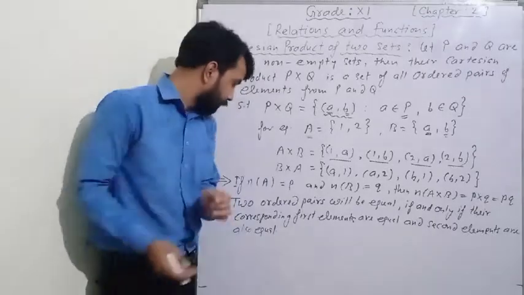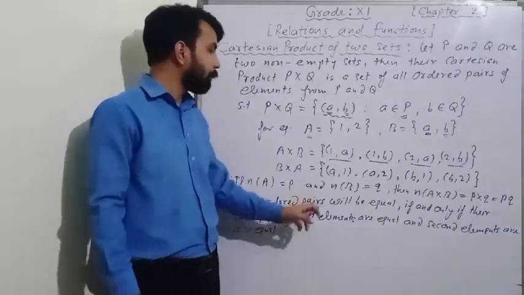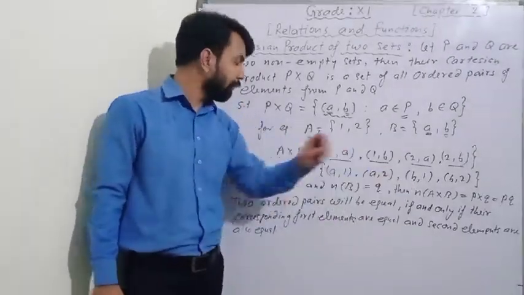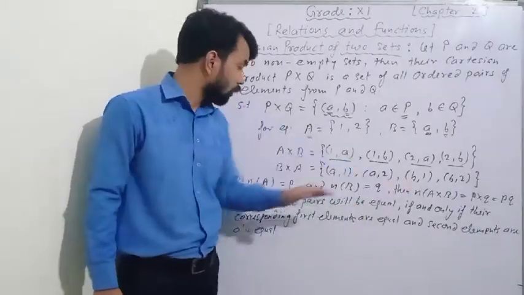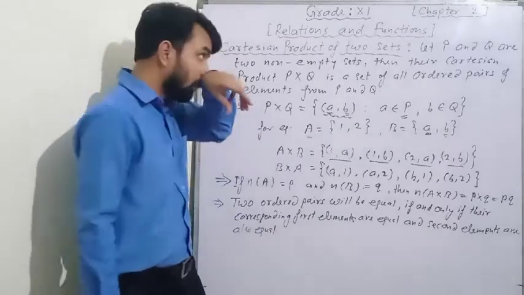Understood this point? What is this point? Two ordered pairs will be equal if and only if their corresponding first elements are equal and second elements are also equal. What is the meaning of this?